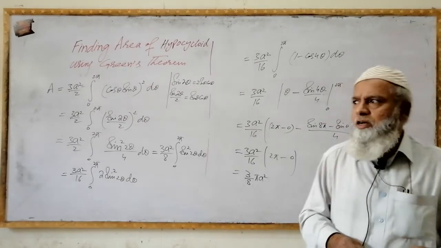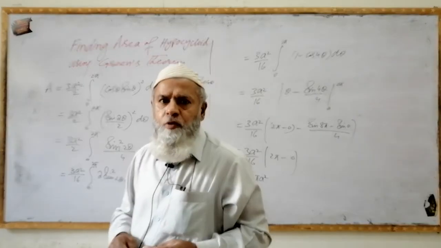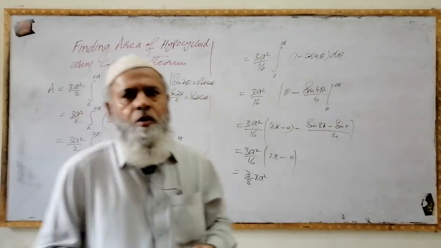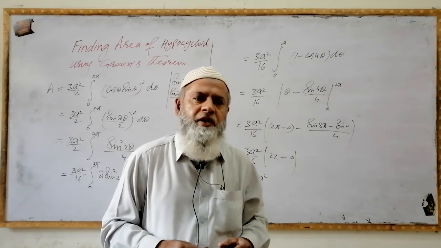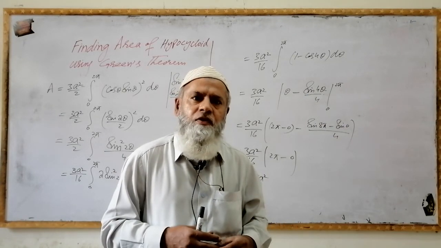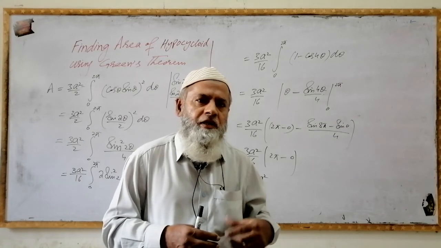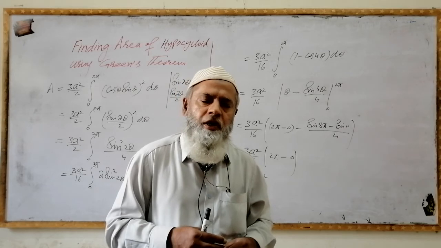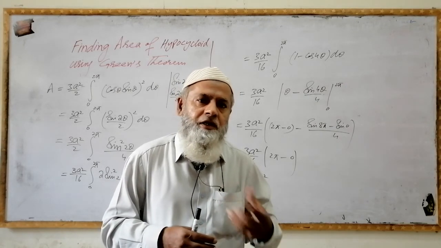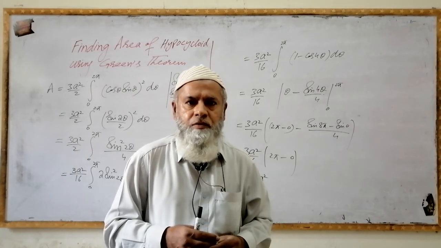And this is how we can use Green's theorem to find the area of the hypocycloid. Hopefully this lecture will be very useful for you and you basically learn from this lecture that Green's theorem is applicable in finding the area of the regions enclosed by simple closed curves. Thank you.